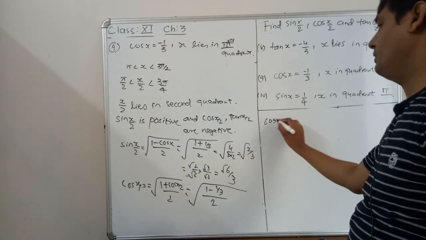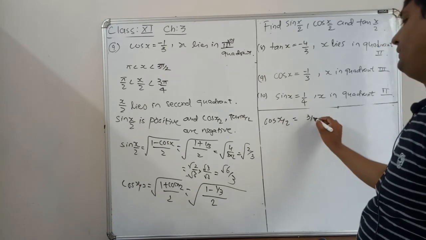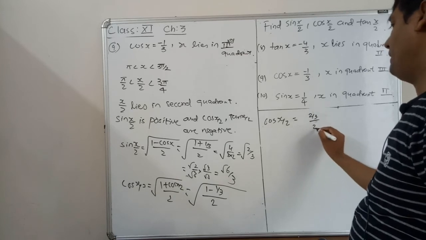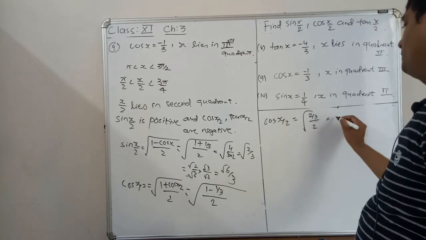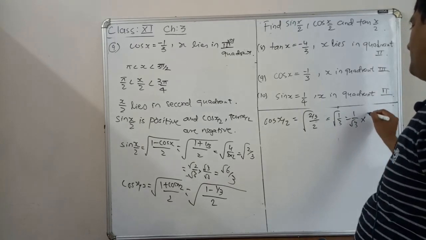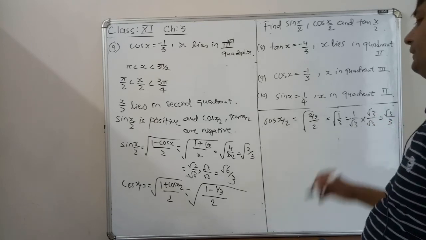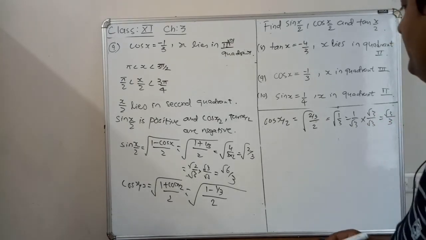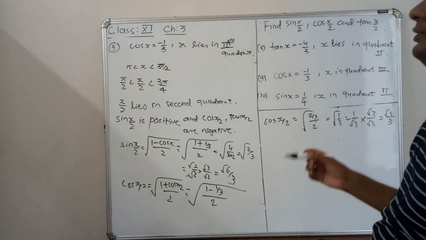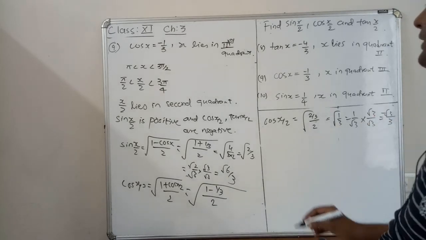So therefore cos x by 2 is equal to under root of 3 by 3 minus 1, 2 by 3, and by 2. Okay, 2 cut, under root 1 by 3. So 1 upon under root 3, multiply by root 3 into root 3, you got root 3 by 3. So clear? Root 3 by 3. So simple. But cos x by 2 in which quadrant? So this x by 2 lies in the second quadrant, negative. So this value is negative.